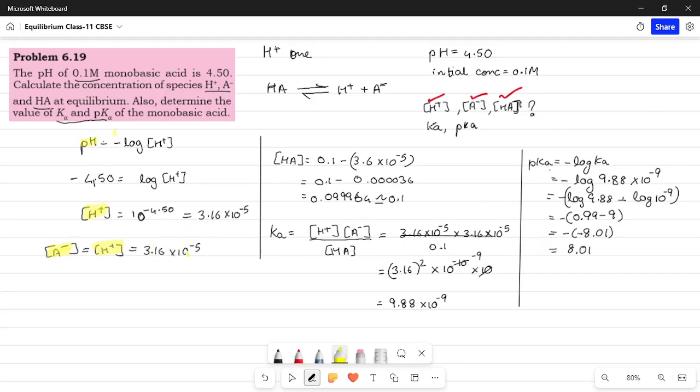Then we used this value to figure out the concentration of HA, and we approximated it to be 0.1. Then we used the equation for Ka to calculate the value of Ka, and then used the value of Ka to calculate the value of pKa. I hope all of that made sense. In the next video, we will be discussing question 6.20.